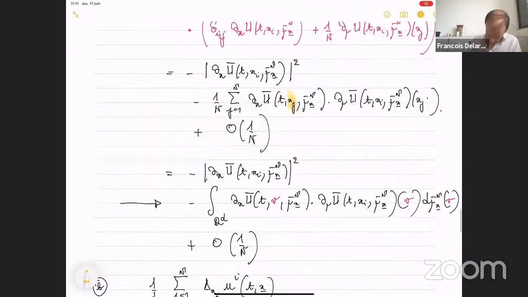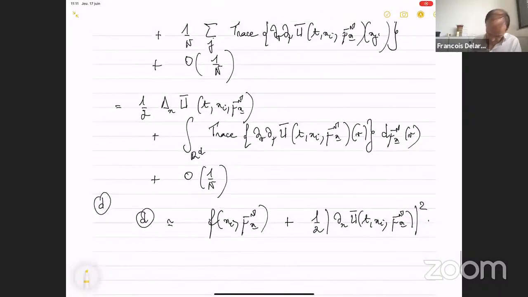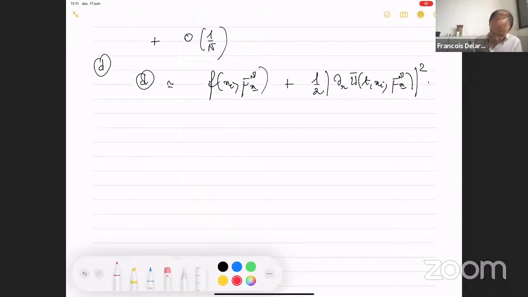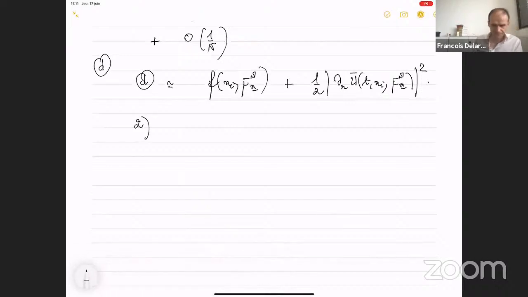So this is paragraph number 2. From the master equation to the Nash system.